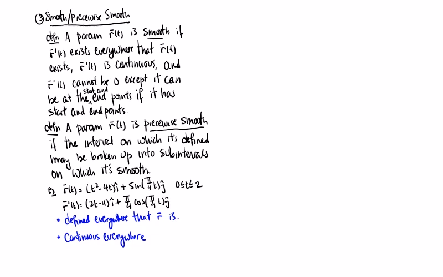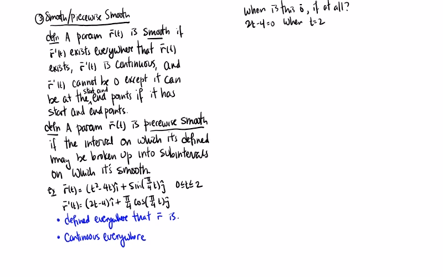But here's the thing. If we look at when it's 0, so when is this function the 0 vector, if anywhere? Well, the first one is 0 when t equals 2, because 2 times 2 minus 4 equals 0. So 2t minus 4 equals 0 when t equals 2.